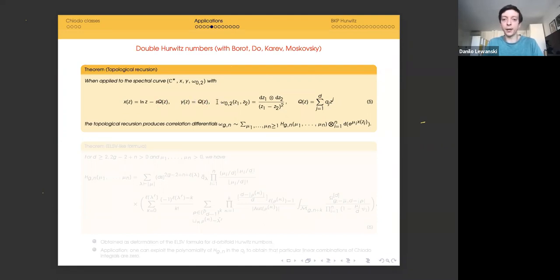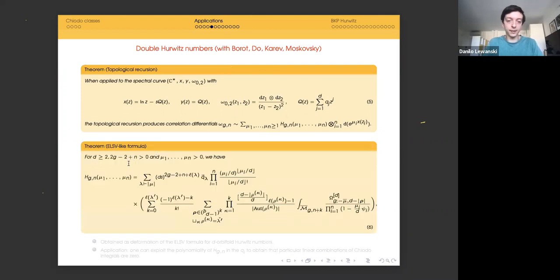And then you might wonder whether there is an ELSV formula for double Hurwitz numbers. This is what we derived with Borot, Karev, and Elena Moskovsky. The ELSV formula that we derived comes from orbifold Hurwitz numbers for given d, and then you deform the spectral curve to obtain a formula that looks very complicated, but the main point is that you sum over k, and then you have integrals over M_{g,n+k}.